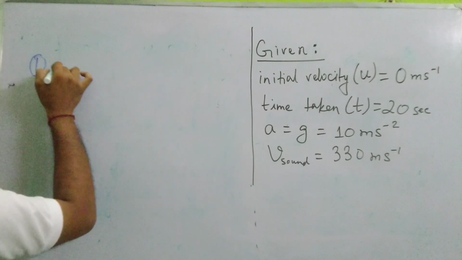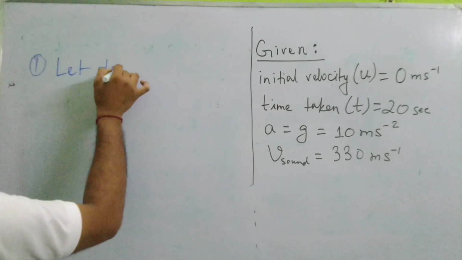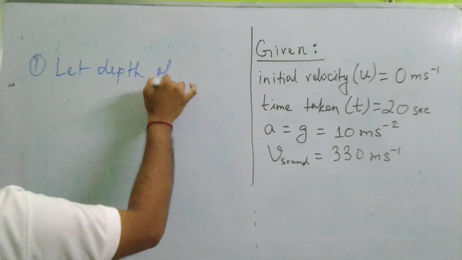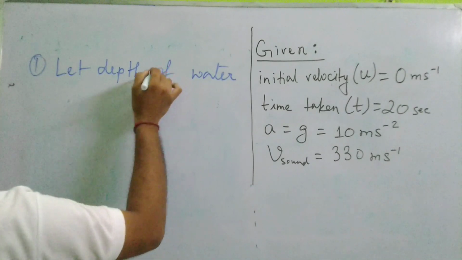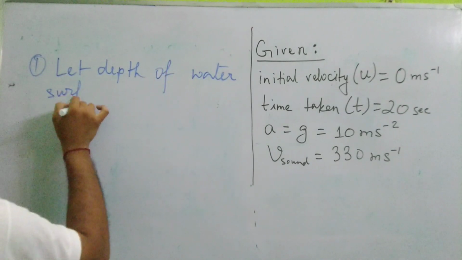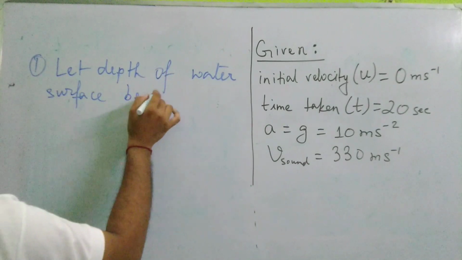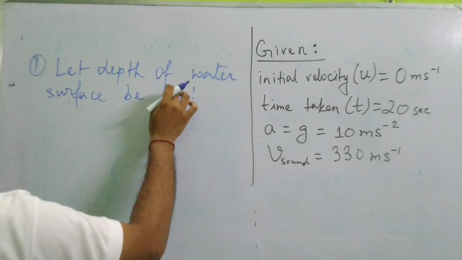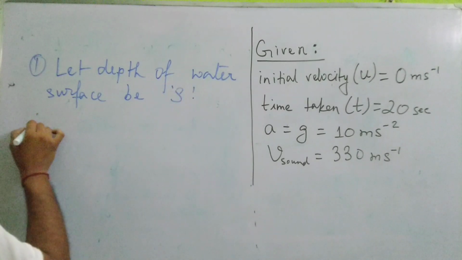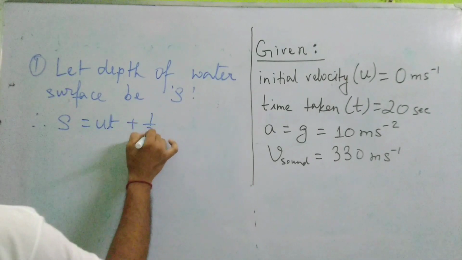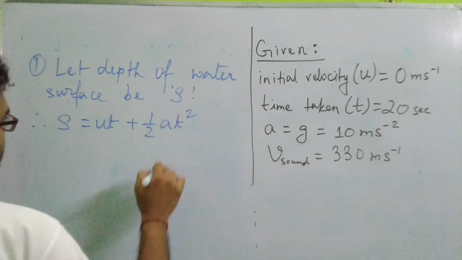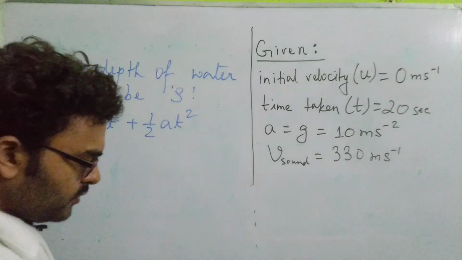So let depth of water surface be S. Okay, so we can use the equation, therefore we know that S is equal to ut plus half at square.